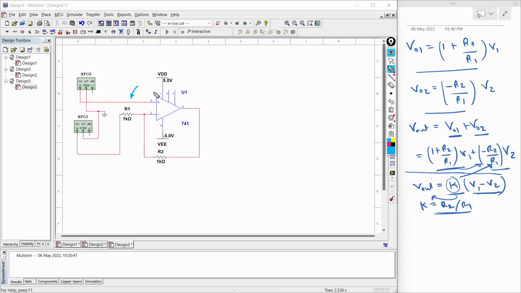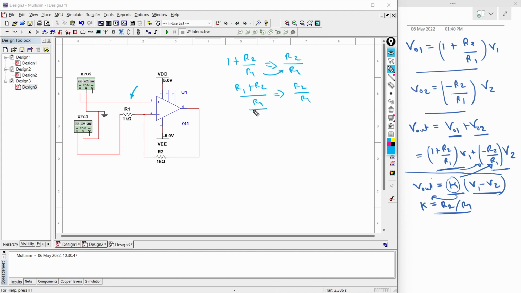So over here we already have this much gain, 1 plus R2 by R1, and what we want at that place is R2 by R1. If we rearrange this, we can write it as R1 plus R2 by R1, and what we want is R2 by R1. This is our requirement.